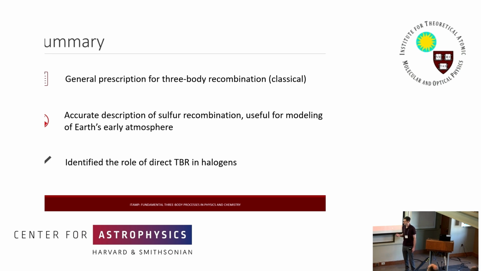So whenever you have a three-body collision, it might be a good idea to try this out first before you go into your quantum scattering calculations to get super accurate things, just as a preliminary check, because it's very quick.